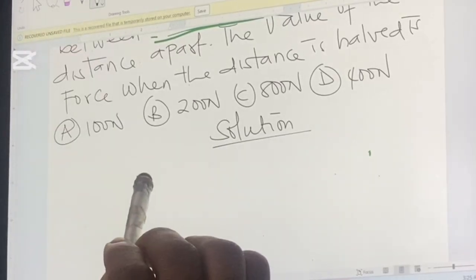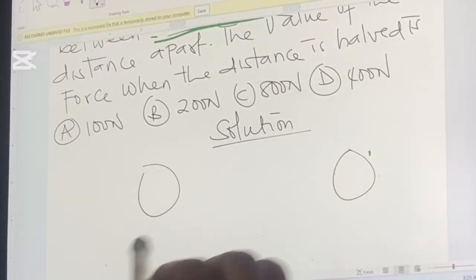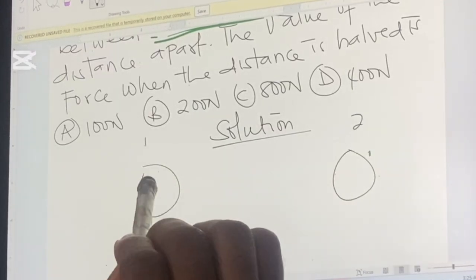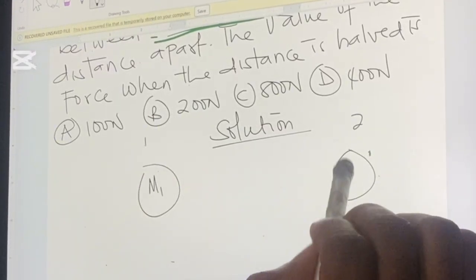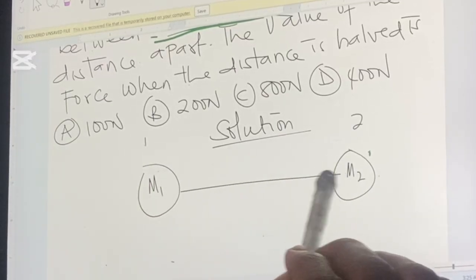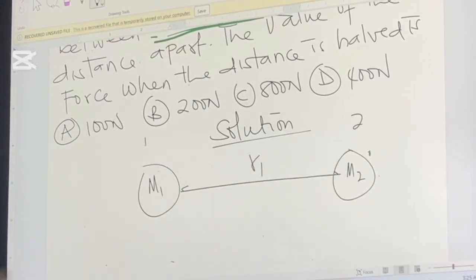They said two objects. This is object 1, this is object 2. Of course, they will have maybe mass 1, this mass 2, and they are being separated by a distance that is maybe r.